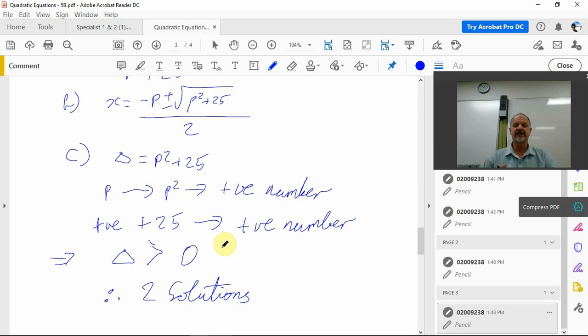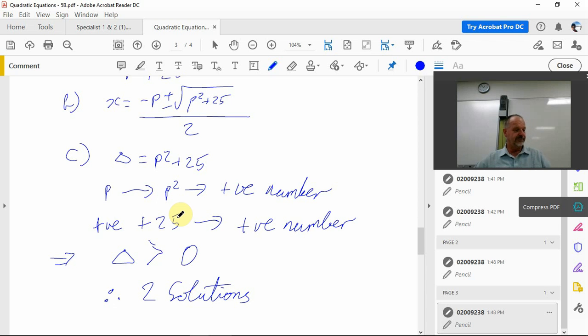It's not asking us to find out what they are, it's just asking us to show that there are two. And think about it, the smallest value, in fact, is when p equals 0, and when p equals 0, it's 25, so that's a positive number. If p is negative 1, squared is 1, plus the 25 is 26.